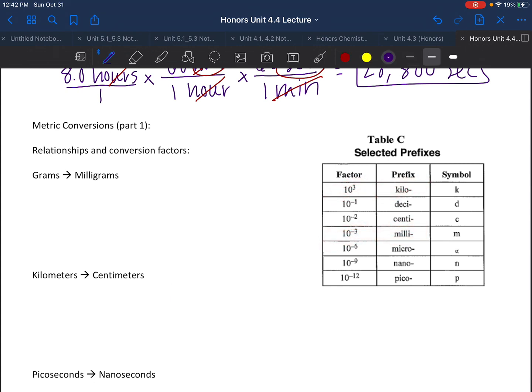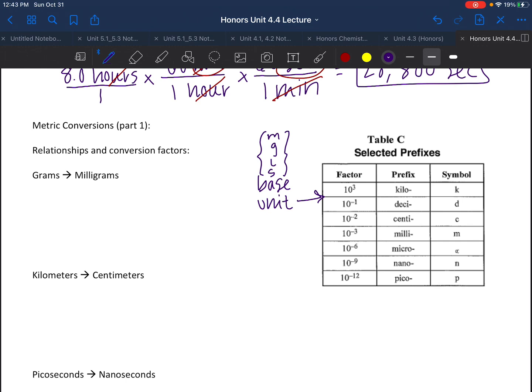And what we have to remember, even though it's not on here, is that in between kilo and deci we have our base unit. Remember, these can be things like meters, grams, liters, seconds. I could keep going. These are things that don't have a prefix. These are our base units.